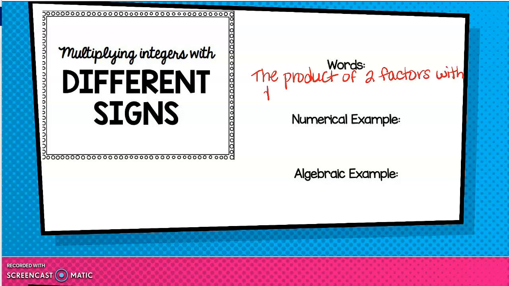With different signs is negative. The product of two factors with different signs will be negative. I'll give you a moment to write that.